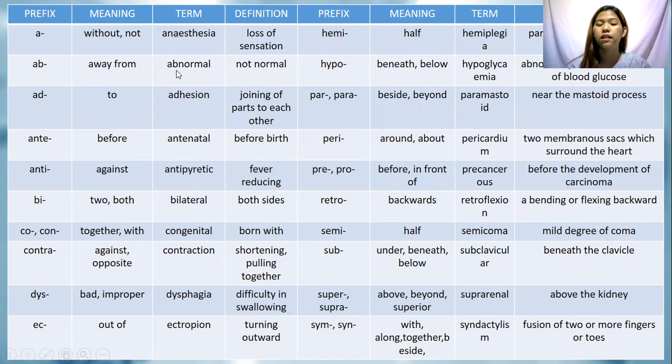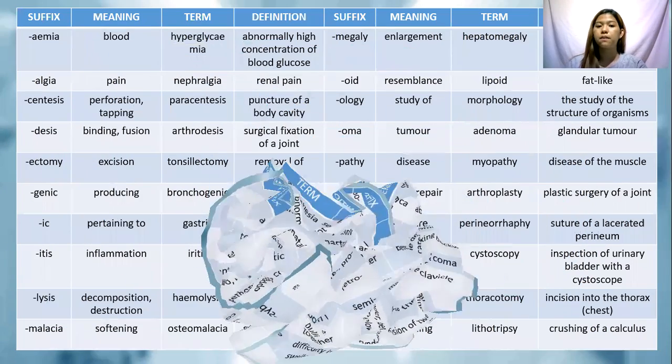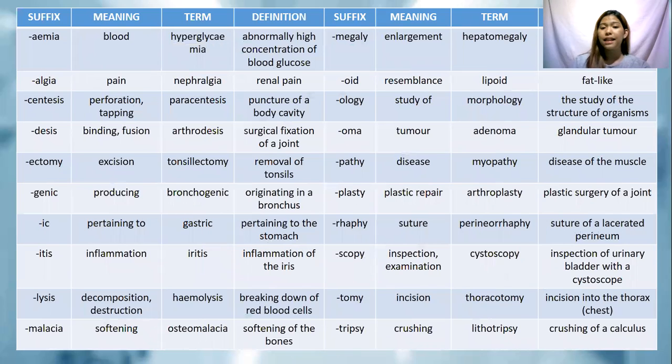As I said, the next topic is suffix. A suffix is at the end of the root word. It modifies the central meaning as to what it is interacting with.